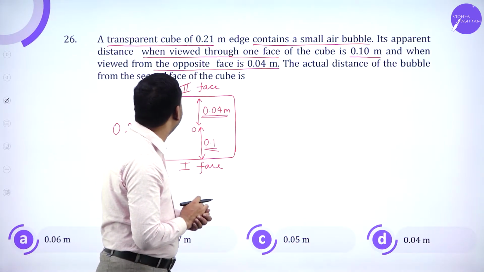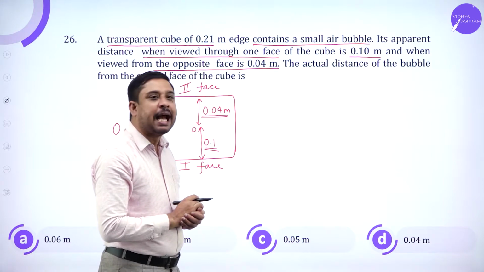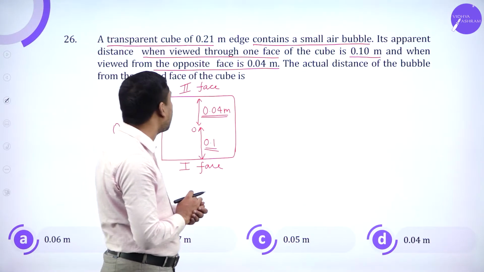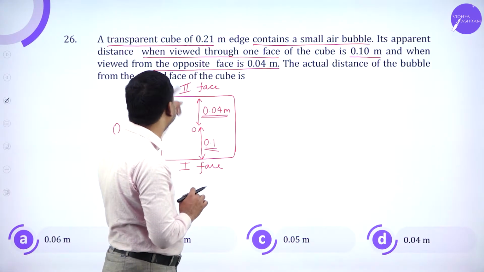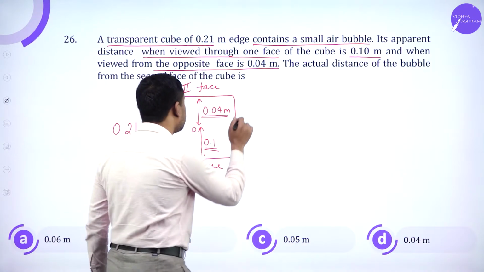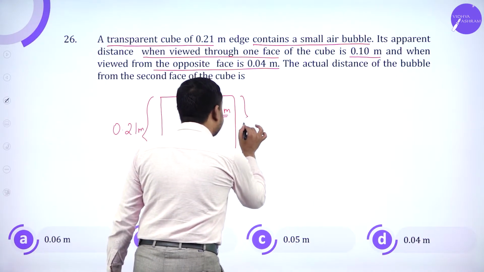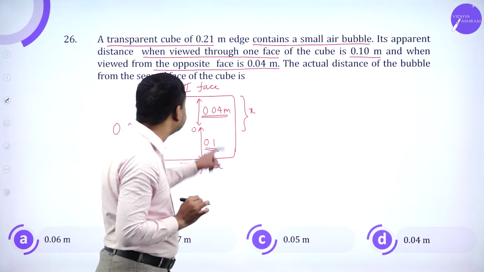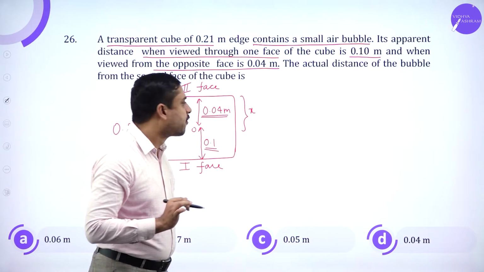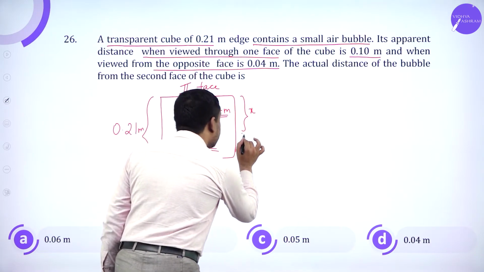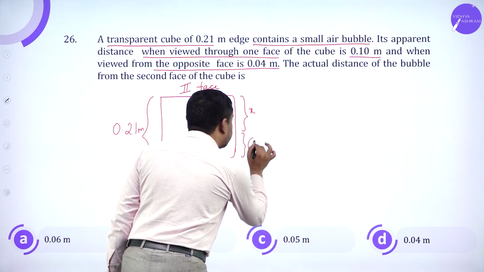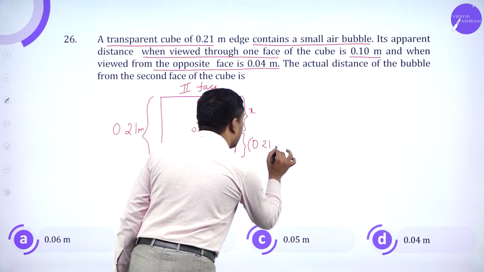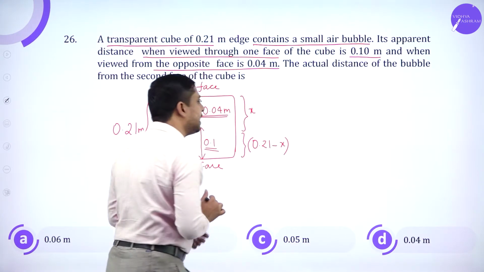I have to calculate the actual distance of the bubble from the second phase. So I say x is the actual distance of the bubble from the second phase. So this distance becomes 0.21 minus x.